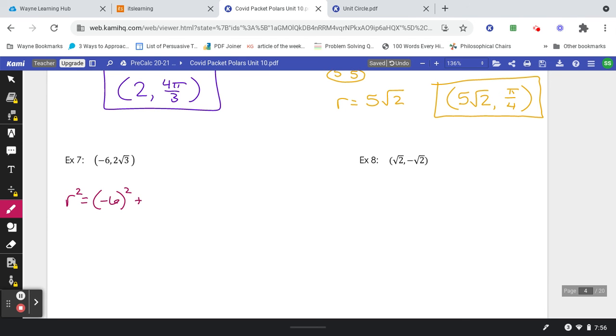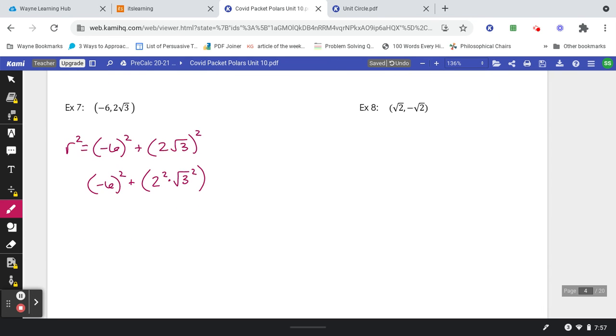Negative 6 squared plus 2 radical 3 squared. In order to do that 2 radical 3 squared, we want to think about it as 2 squared and radical 3 squared being multiplied together. So that's going to give me 36 plus, and this gets me 4 times, and the square root and the square can cancel, giving me a 3.